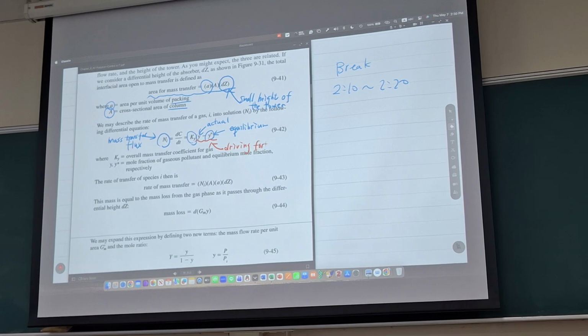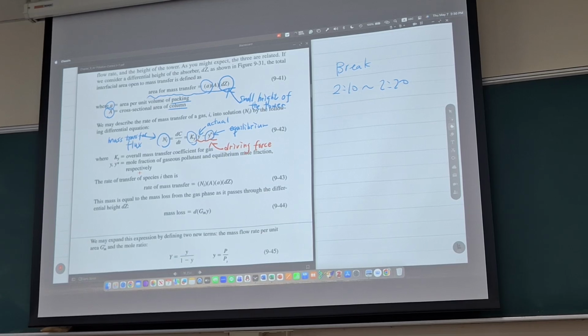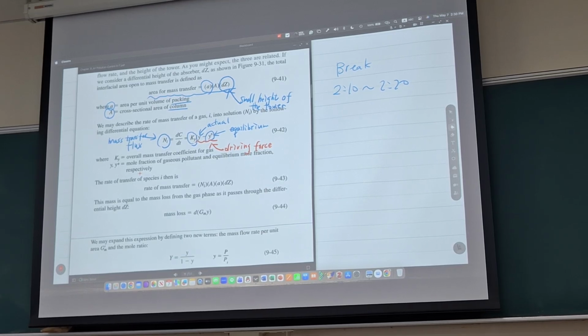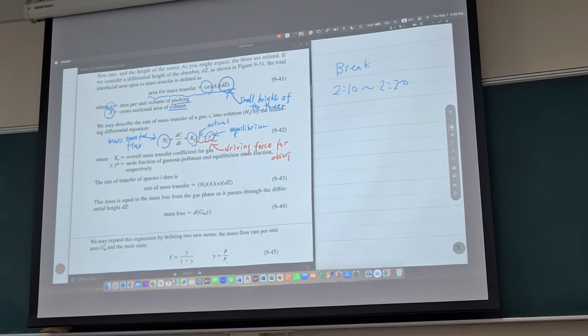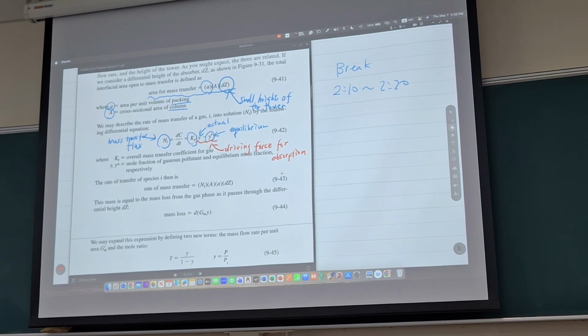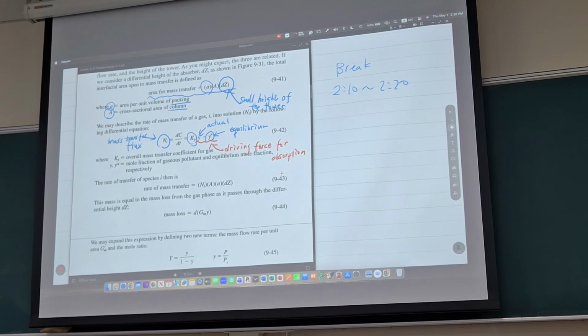Y minus Y star, actually, it creates a gradient, right? It creates a gradient. This is the driving force for absorption. Okay, so Y should be larger.